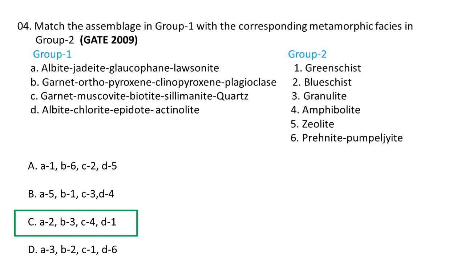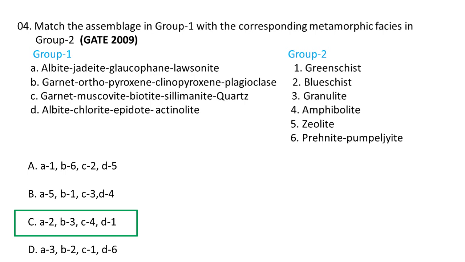In group 2, greenschist, blueschist, granulite, amphibolite, zeolite, prehnite and pumpellyite are given. The choices are A, B, C, D. A is represented as A1, B6, C2, D5, B as A5, B1, C3, D4, C as A2, B3, C4, D1, and D as A3, B2, C1, and D6.